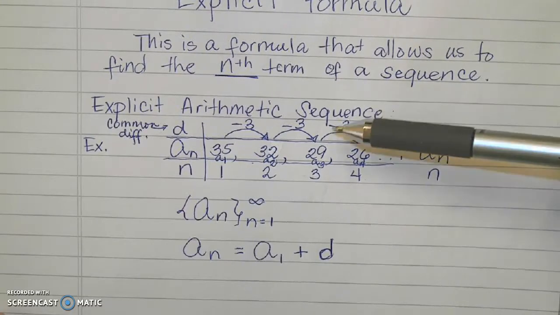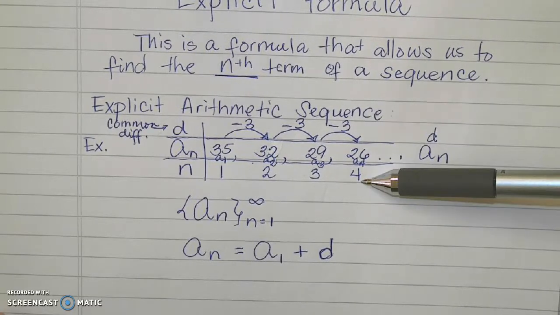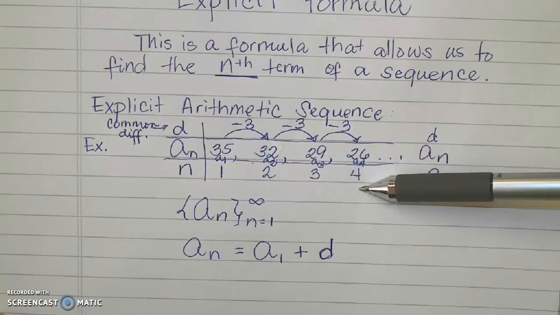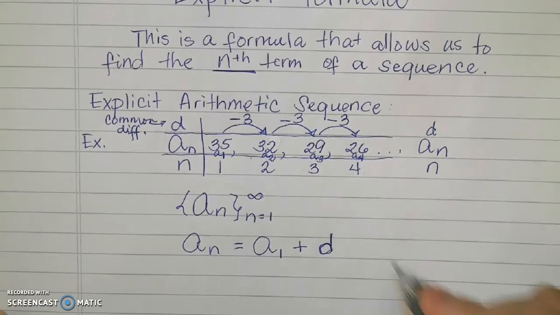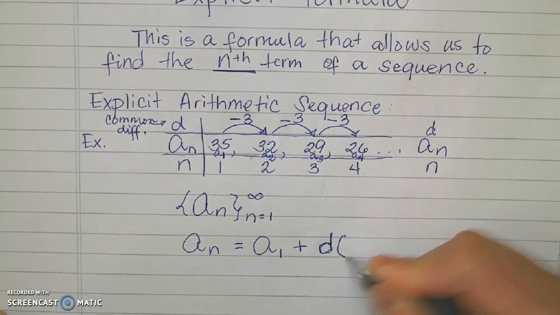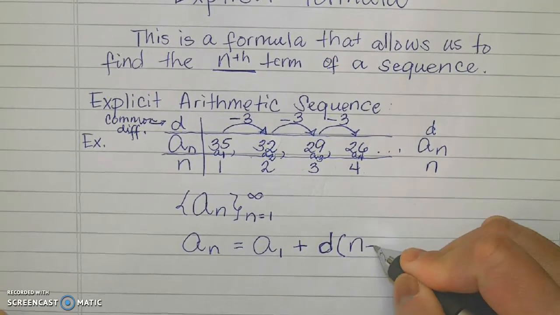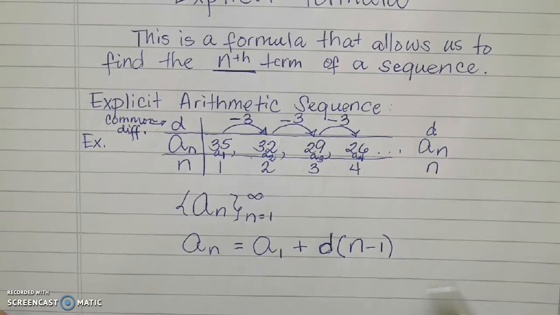Therefore, the D and the position have a relationship: to get to the nth term, you will have to get the first term, add D, but make sure that D is multiplied by N minus 1, because you are adding 1 less than the position.